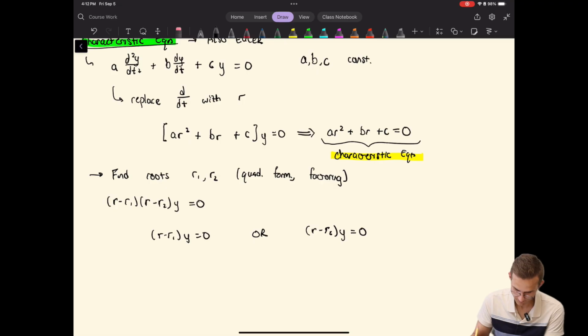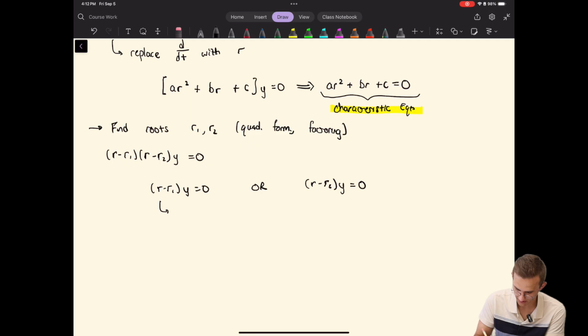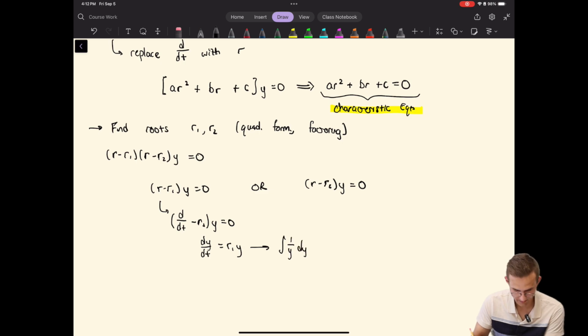If we solve this one, we reinsert the operator: (d/dt minus r1) y is equal to 0. That's the same as dy/dt is equal to r1 y. We know that's a separable equation, which gives rise to the solution y is equal to some constant c1 times e to the r1 t.